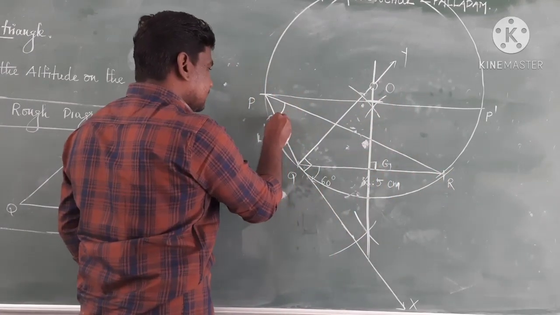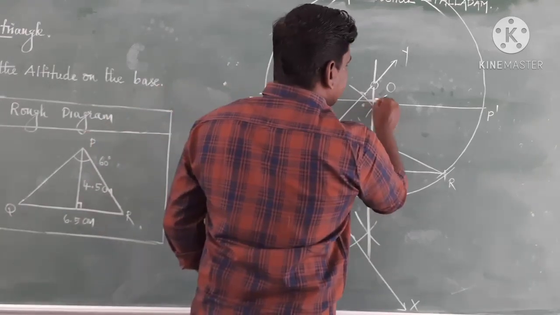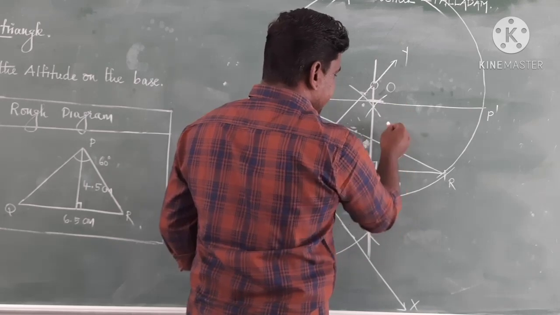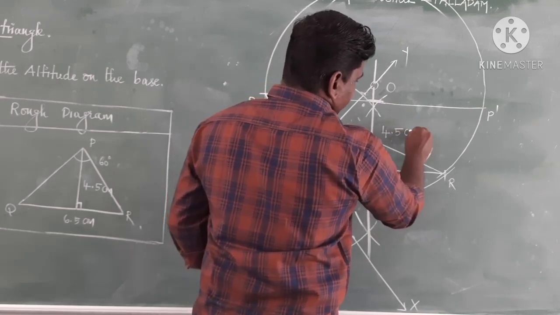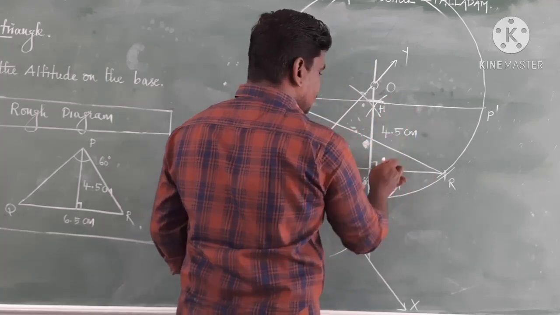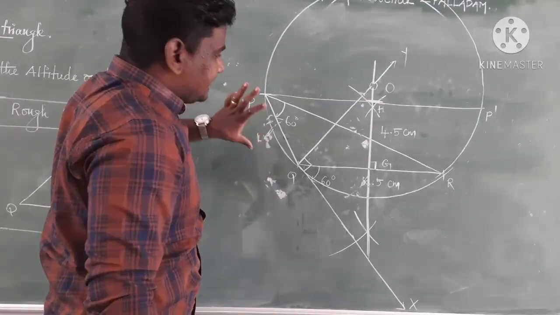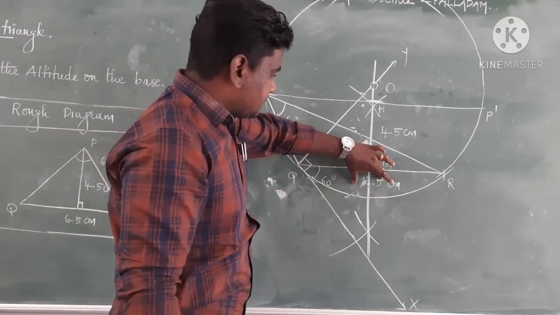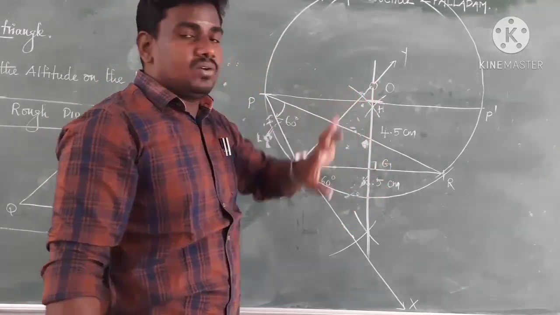It is 60 degree. And this is the altitude, with length equal to 4.5 centimeter. You can take it as H; HG is equal to 4.5 centimeter. So this is the required triangle PQR when the base, altitude length and vertical angle are given.